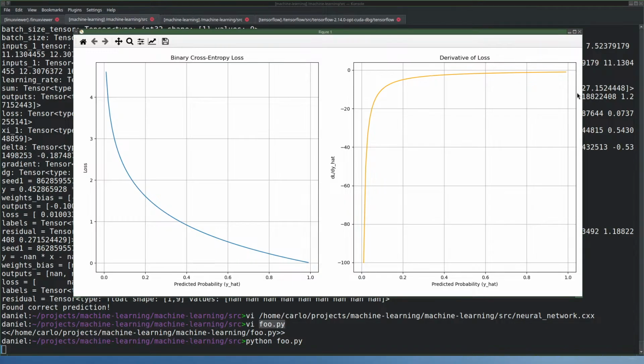Which means that, let me see, if we are off, I think what I'm dealing with is really on this side here.